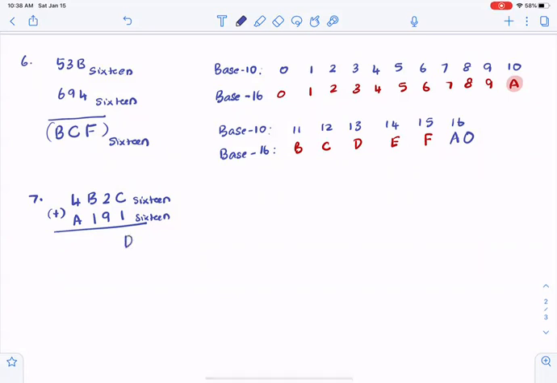So I'll put D. 2 plus 9 is 11. 11 in hexadecimal is just B. B is 11. 11 plus 1 is 12. 12 in hex system is C. Hex system, hexadecimal, they all correspond to base 16. 4 plus 10 is 14. 14 in hex is E. So ECBD base 16.